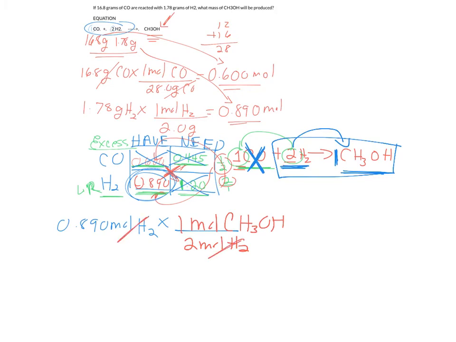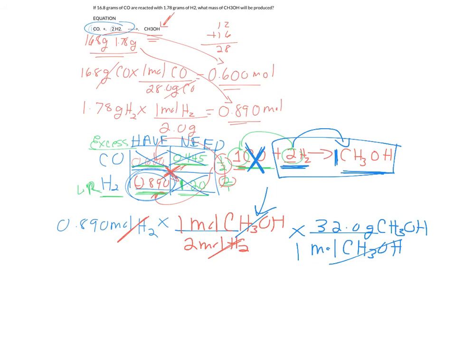We're going to cancel moles of hydrogen, and then we're going to get the molar mass of CH3OH. That's 12 plus 4 H's plus 1 oxygen is 16. That weighs 32 grams of CH3OH. That's 1 mole of CH3OH.